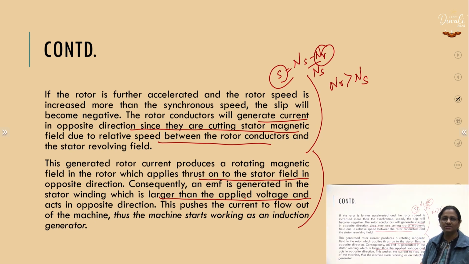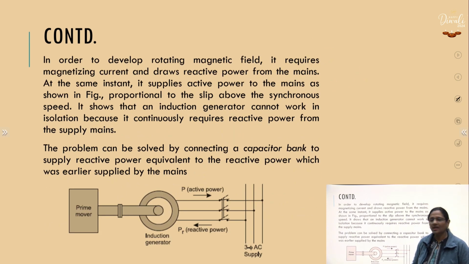So it pushes the current to flow from the stator winding to the supply system or to the grid or to the bus bar to which the machine is connected. In order to develop rotating magnetic field, it requires magnetizing current and draws reactive power from the mains, as I just told you, right? So, at the same time, this is a special operation of the machine.